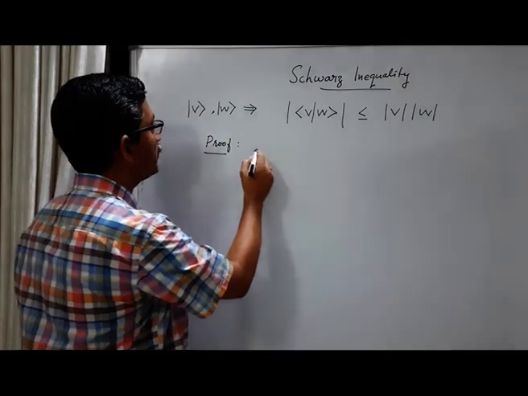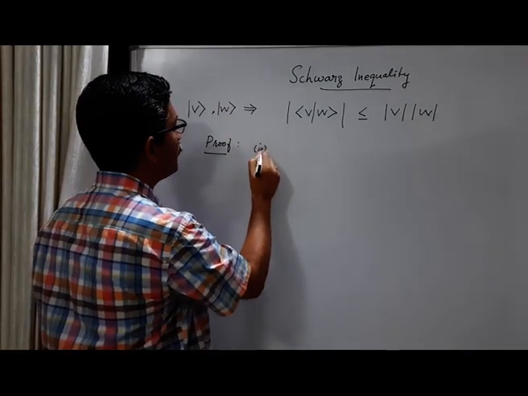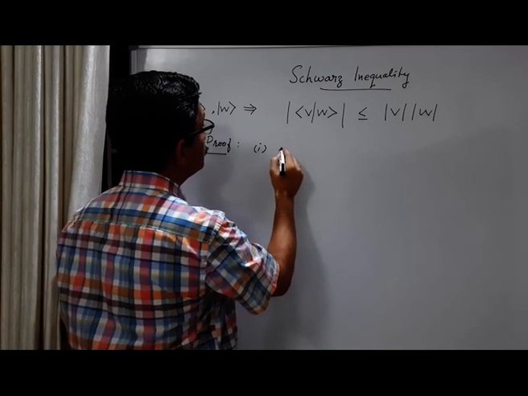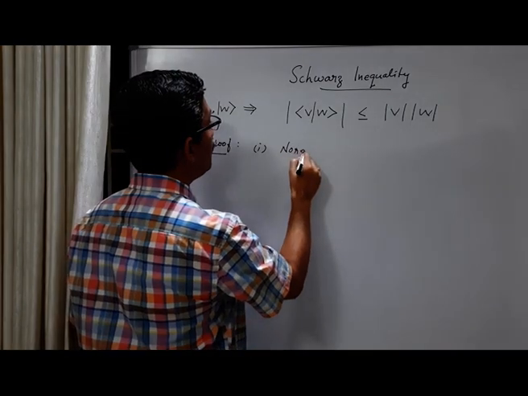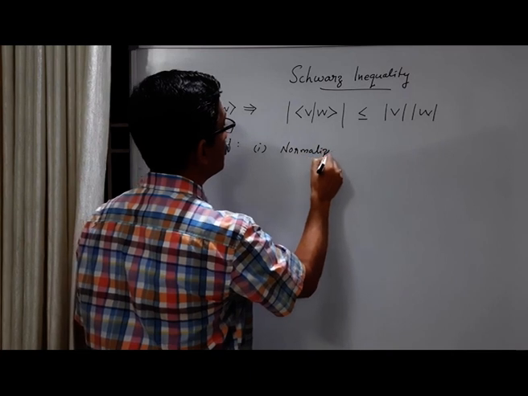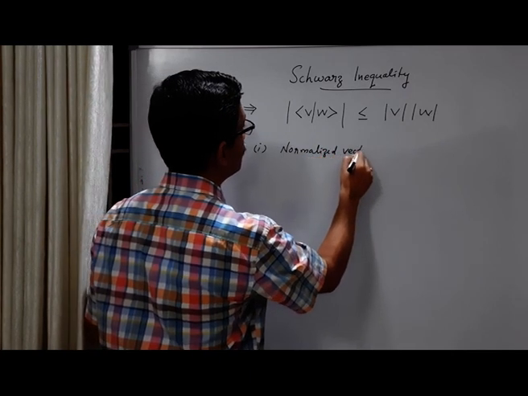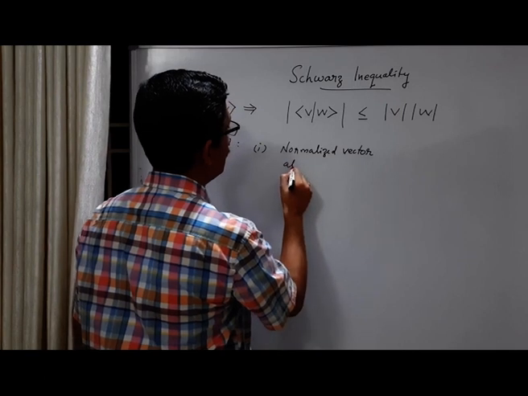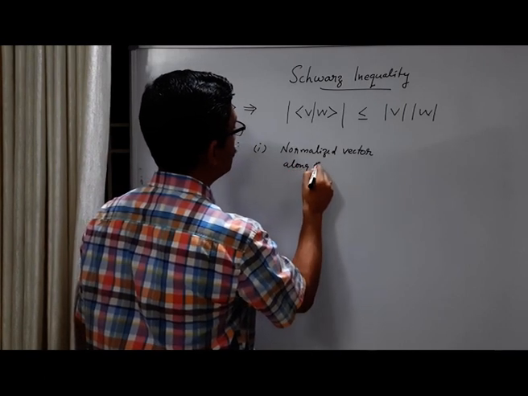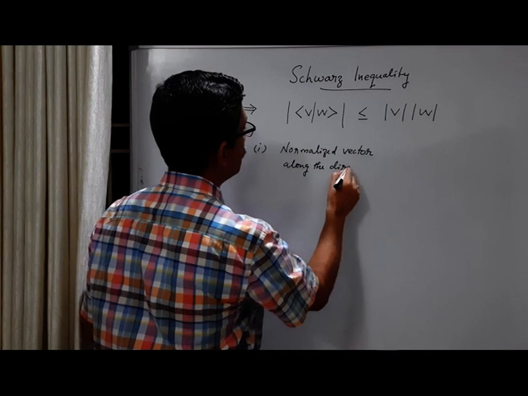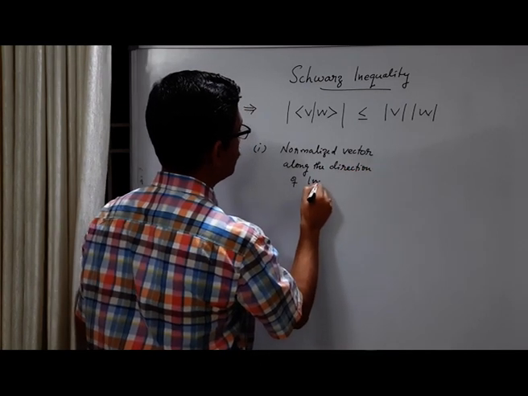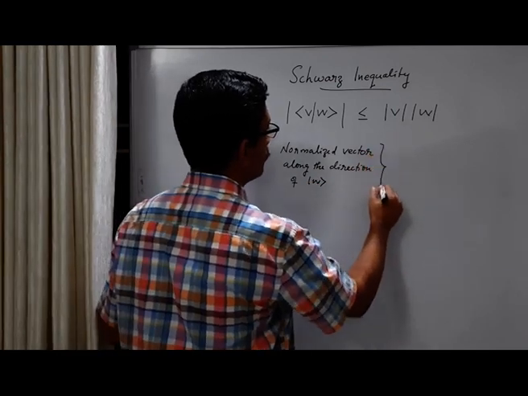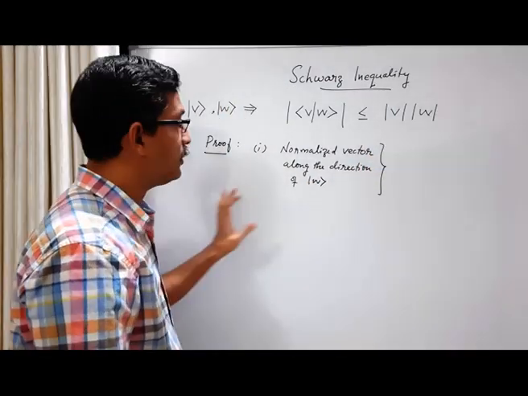So as a first step, I am going to construct the unit vector along the direction w. Instead of unit vector, let me say normalized vector along the direction of ket w. How do we construct this?